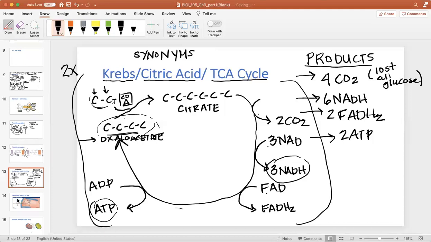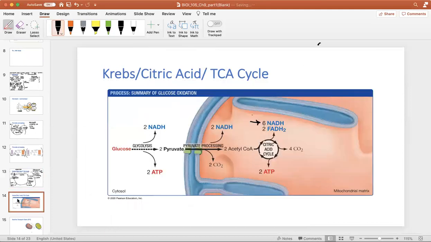So this is an image from your book, and let's look at what's going on here. So here we have our glucose molecule. It is 6 carbons, right? 1, 2, 3, 4, 5, 6. Glycolysis is going to break it into 2 3-carbon molecules. And the process of going from 6 carbons to 2 3-carbons is going to generate some byproducts for us.